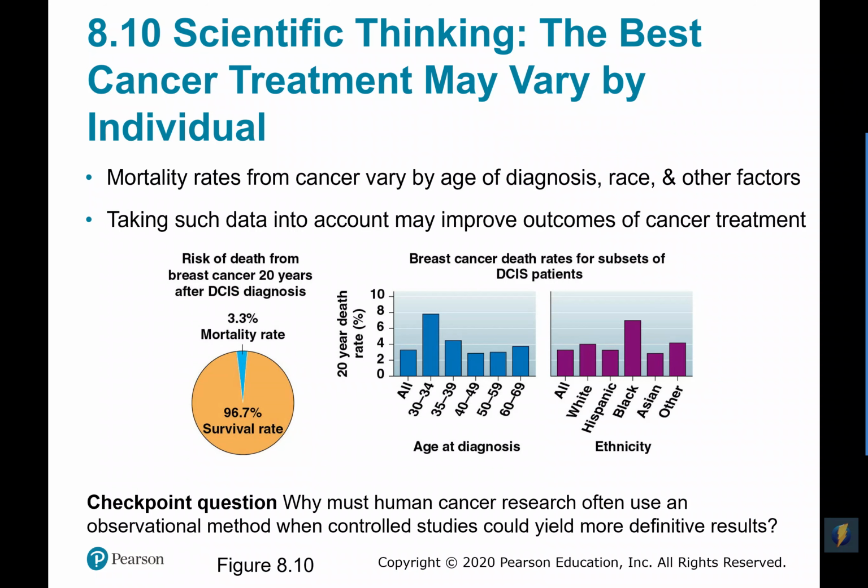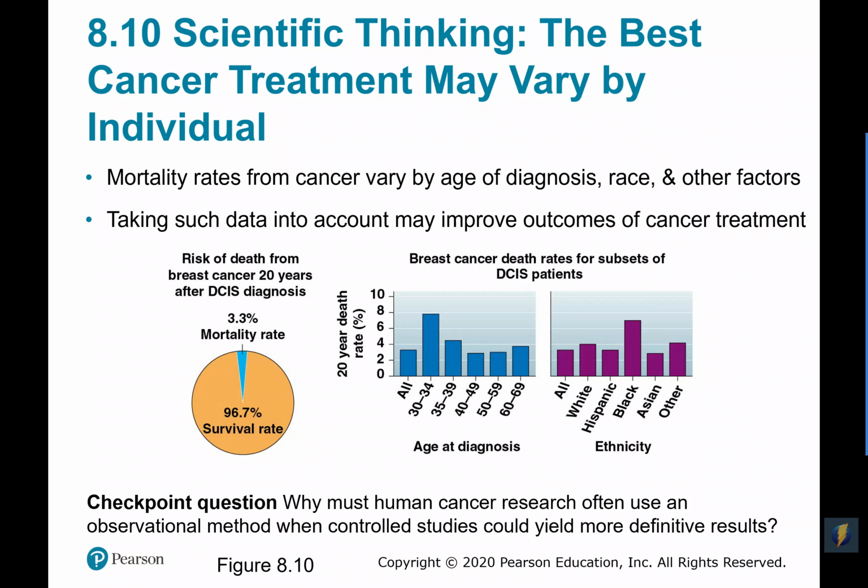And you can see age has a huge confounding factor for, I think this is breast cancer, as does ethnicity, but even social factors, right? Or where you live, right? All of that needs to be taken into account. And that's one of the interesting things about immunotherapies is that because they often supercharge your body's own immune system, they're very tailored and specific to that person.